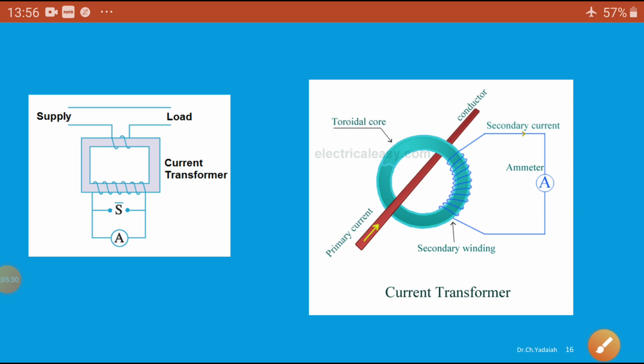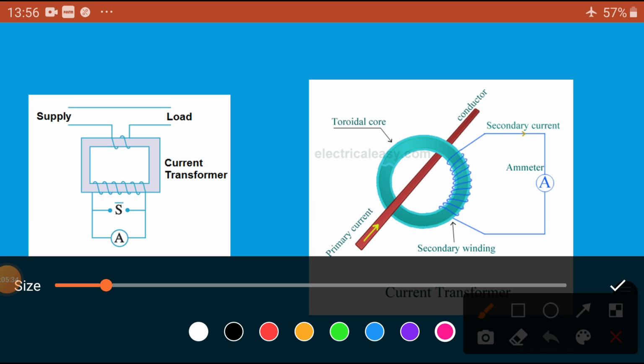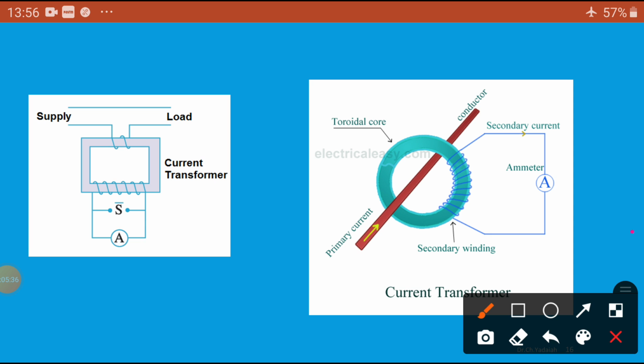Okay, dear students, once again I am going to explain it. Please listen carefully. This primary conductor, which carries current under normal condition, is for example designed for 100 amperes, and the CT ratio is designed for 5 amperes.